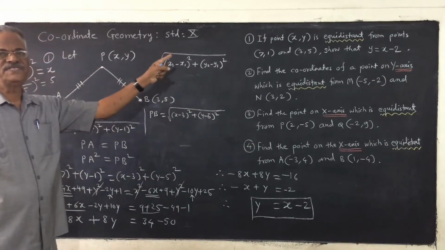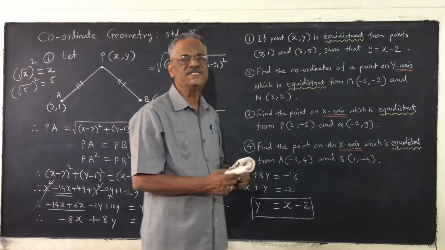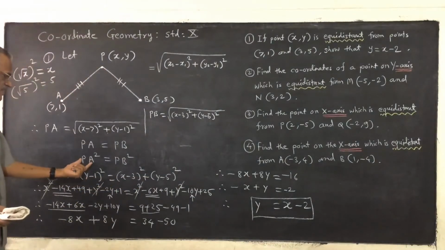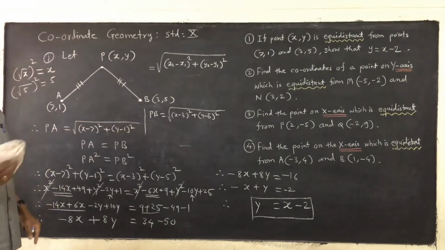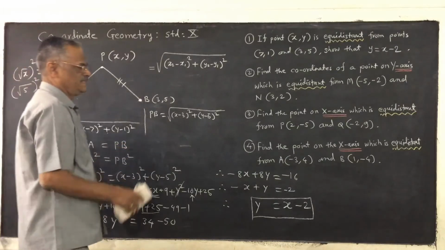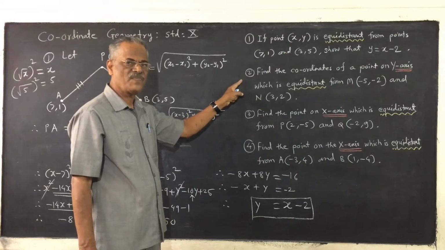So that is your first example, about an equidistant point. Remember that you have to take the square of both PA square and PB square, and you are getting the answer there.